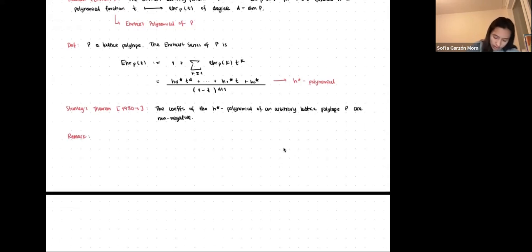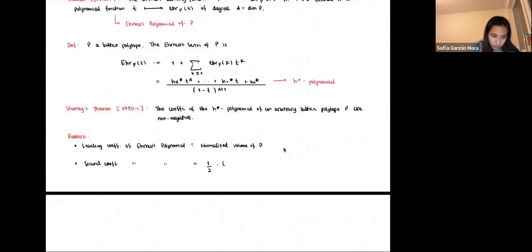And the very nice thing is that the leading coefficient of the Ehrhart polynomial actually equals the normalized volume of P. And the second coefficient of this Ehrhart polynomial is 1/2 times the normalized surface area of the boundary of P.